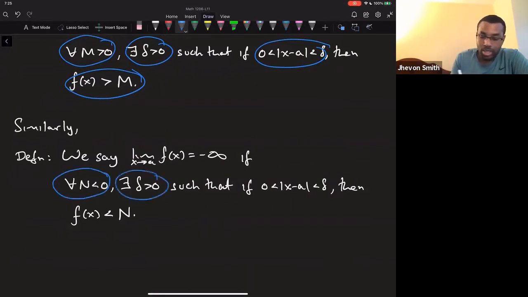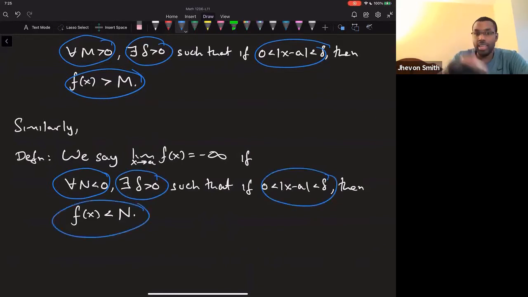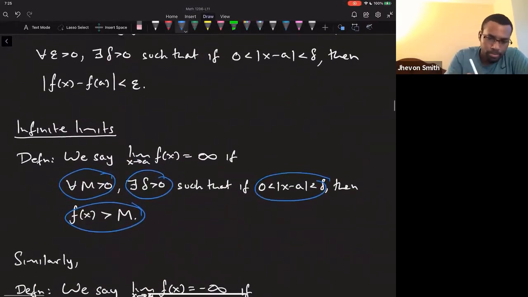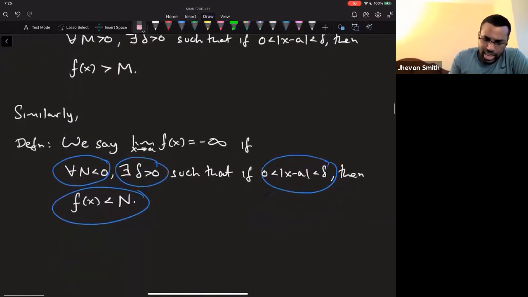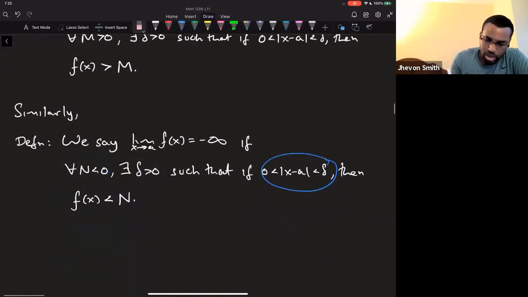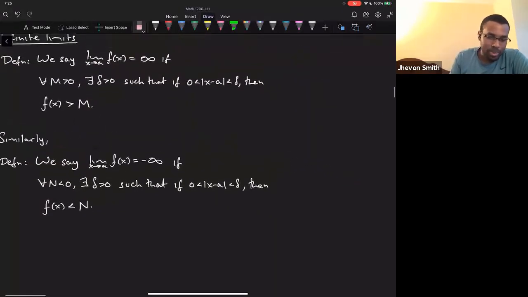There will be a delta so that if your x gets that close, it will be less than that number. You can get less than any negative number anyone chooses, and bigger than any positive number anyone chooses here. I don't think I'll ask you about this, but it's something that I'm supposed to tell you about.